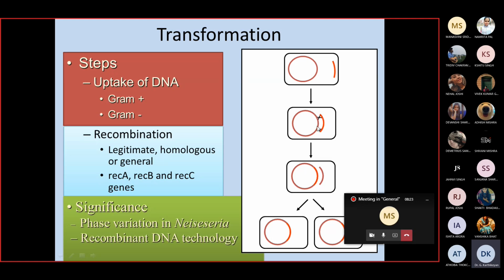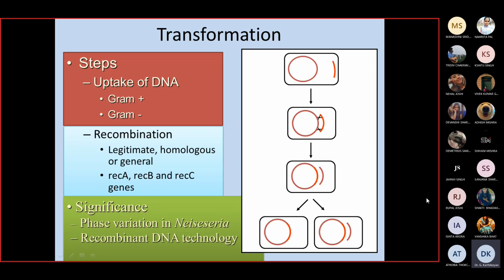You will see base pairing along those complementary regions, and then eventually this replaces the original strand. This gets degraded. So this is just showing you a single strand.